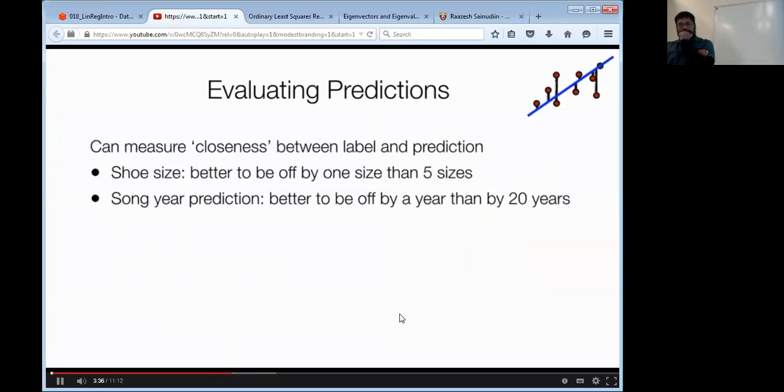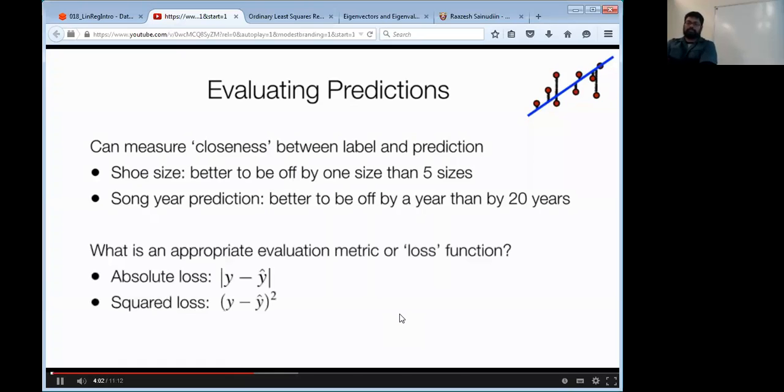In the previous example, we wanted to find a line that minimized vertical distances. But more generally, we need to decide how to evaluate the predictions returned by our regression model. When doing so, it's important to note that in the regression setting, we can measure closeness between the label and the prediction. So for instance, when predicting shoe size, it's better to be off by 1 size than by many sizes, or when predicting a song year, it's better to be off by 1 year than by 2 decades.